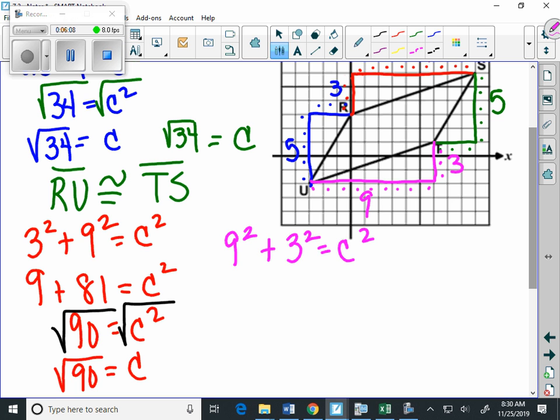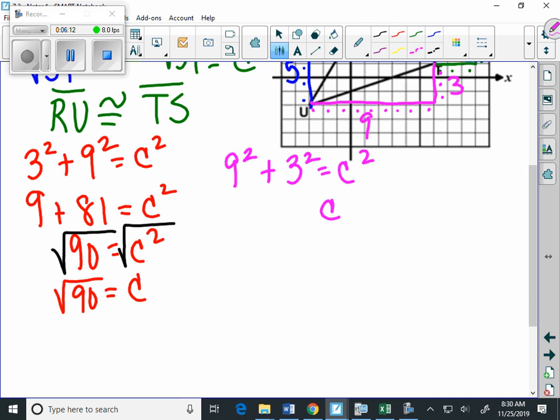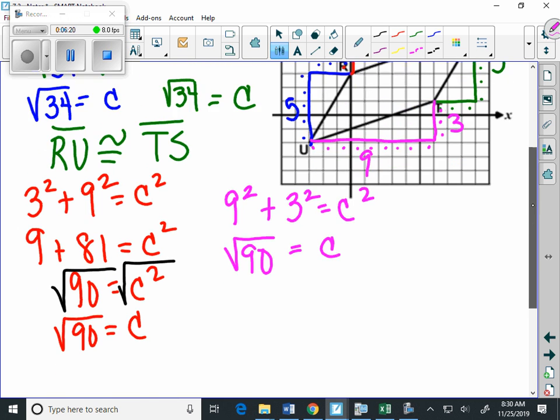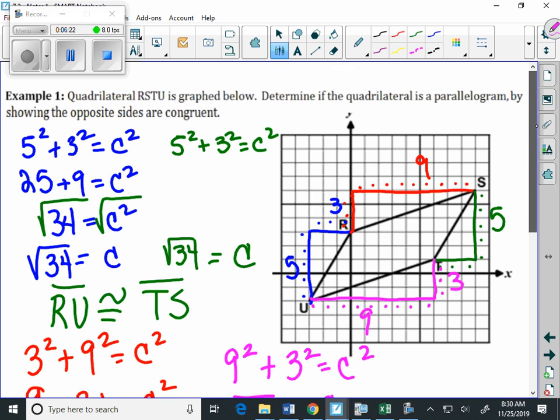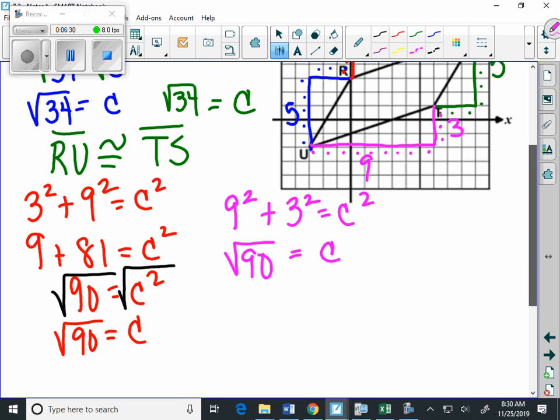Same values that we had in the previous, which ultimately is going to mean that c equals the square root of 90. And what we were trying to do, going back now, is determine if the quadrilateral is a parallelogram by showing that opposite sides are congruent. So RU is congruent to TS, but we also have RS is congruent to UT.